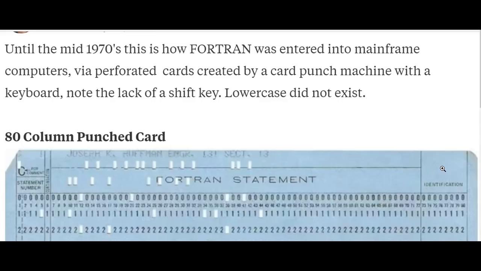But the truth is, your birth certificates and all other things that came from corporations that had mainframe computers back in the day, they all used this Fortran programming language. Simply no shift key. They were punch cards. And that is the story as to why you were not made a corporation.